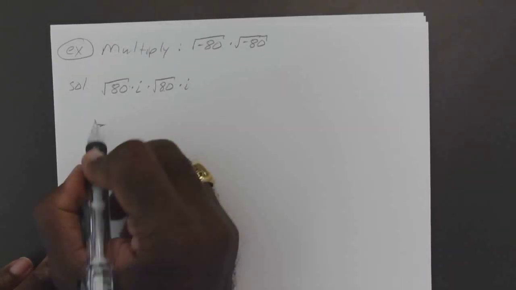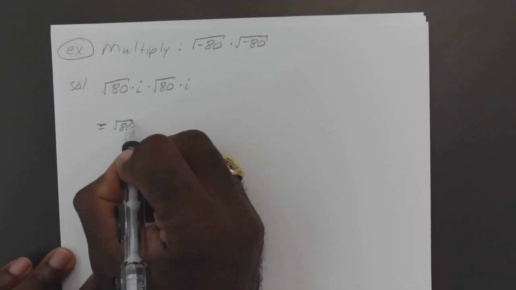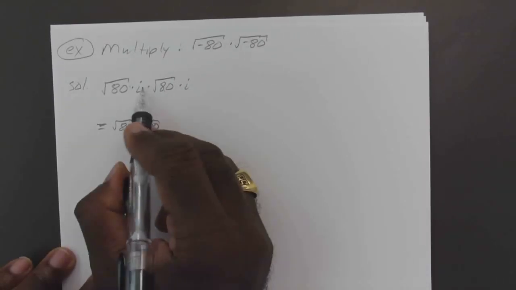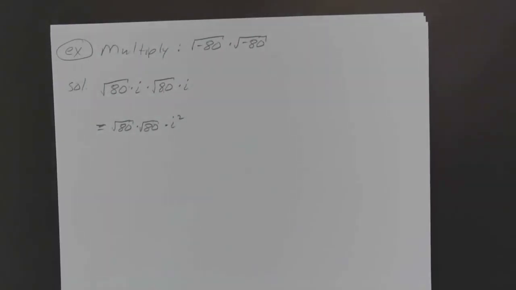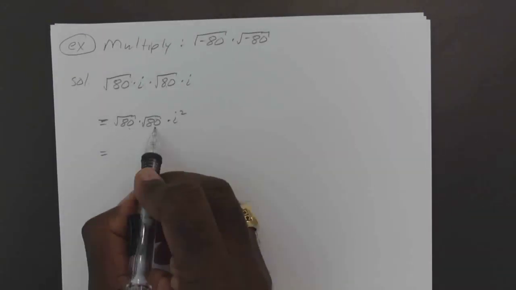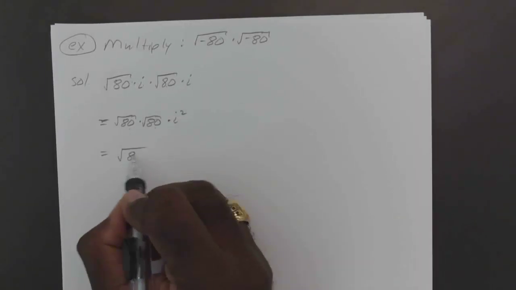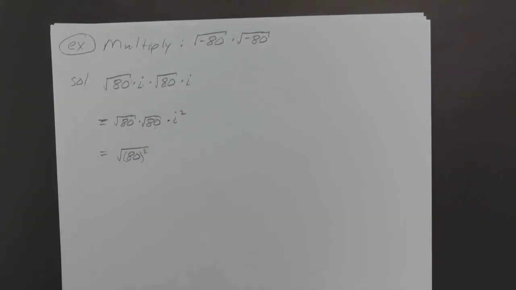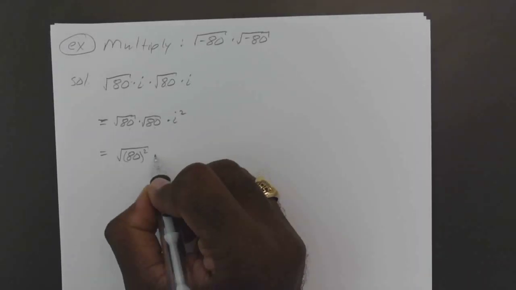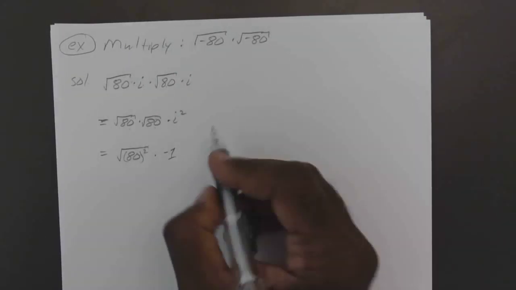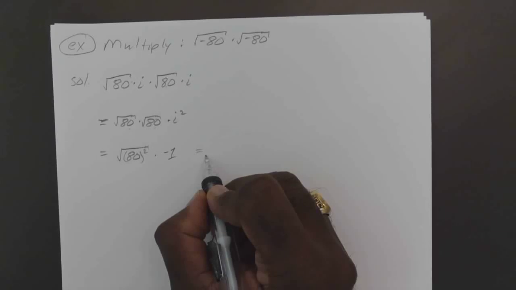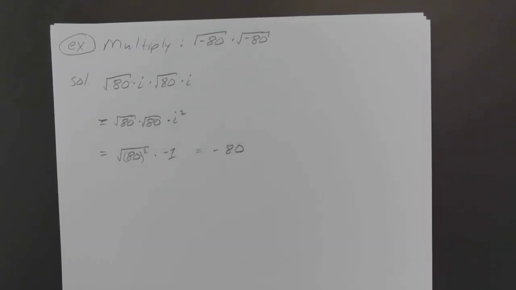So you end up with square root of 80 times square root of 80 times i, which is just i squared. For this one, square root of 80 and square root of 80, that's just square root of 80 squared, times negative 1. The square root and the square cancel out, so you end up with negative 80.